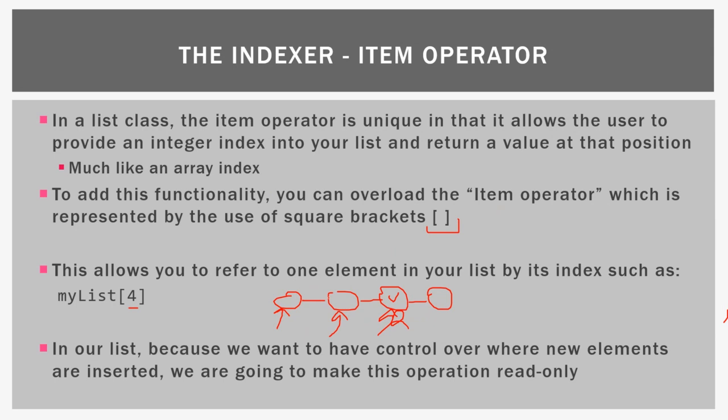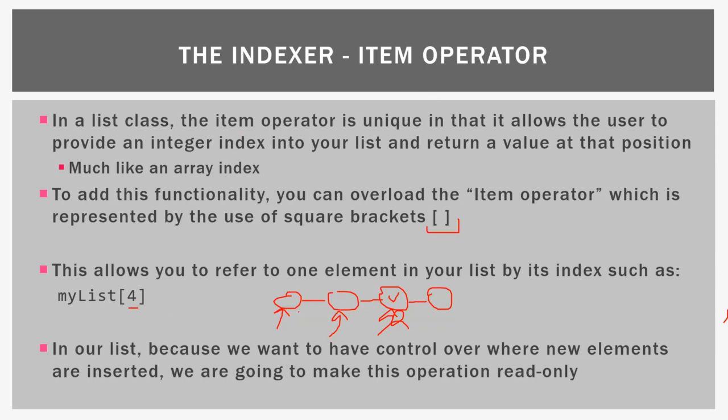Typically we wouldn't do anything unexpected like that, because every other list and array works by counting from the first and counting up by 1. It would be really disconcerting to users if this weird list counted from the end instead of the start. But the point I'm trying to make is that you have total control over how it works.